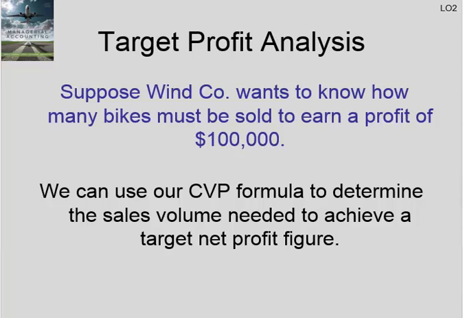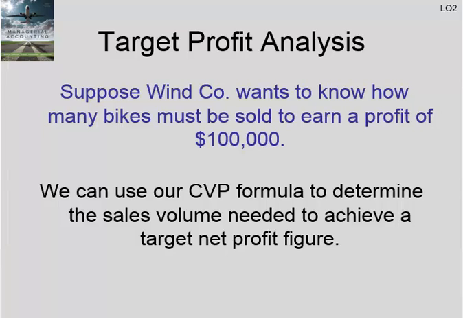Okay, so that's nice, break even and all that kind of stuff, but who goes into business just to break even, right? We all want to make money at this game. So rather than just look at the level of sales or activity at which we break even, we can expand this and do something called target profit analysis.